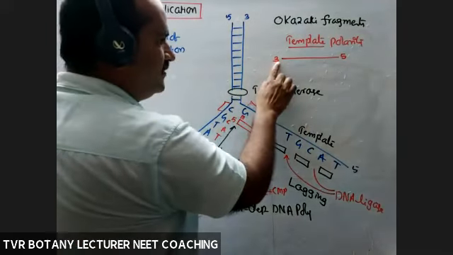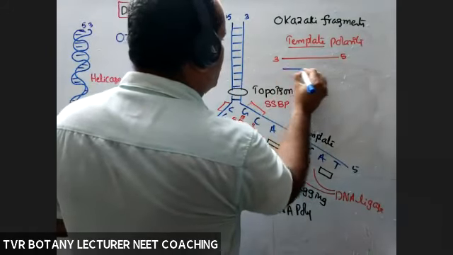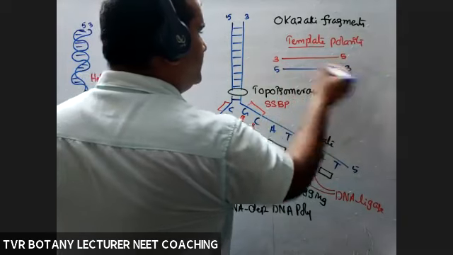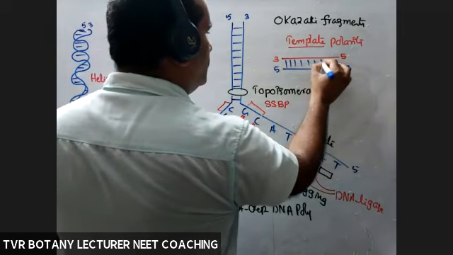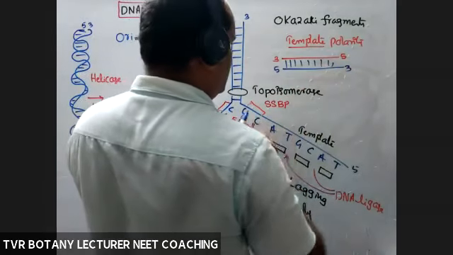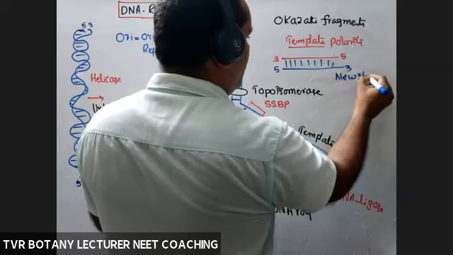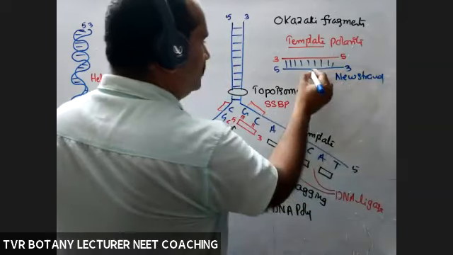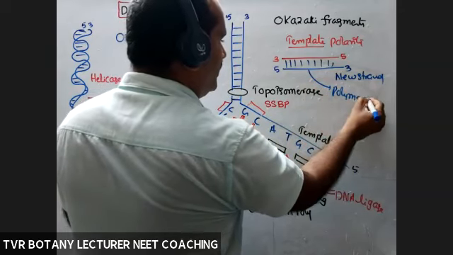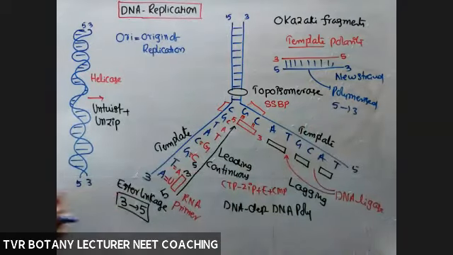The template is always 3 to 5, and the polymerization of the new strand, being anti-parallel, is definitely 5 to 3. So this is the template strand and this blue one is the new strand. It polymerizes in the 5 to 3 direction.